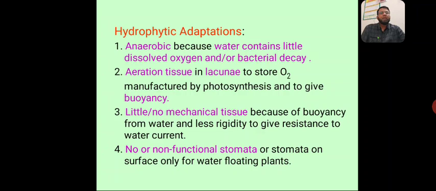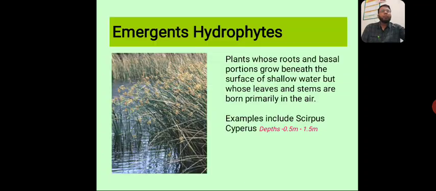So lightweight plants are present. No or non-functional stomata, or stomata on the surface only, for floating plants. So stomata are generally present in such plants which float on the surface.